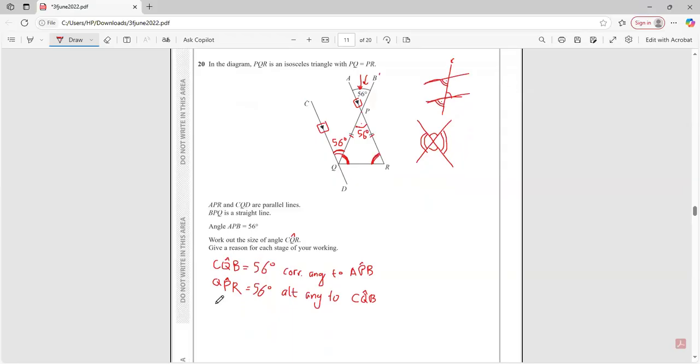How do I find them out? Remember that sum of angles in a triangle is equal to 180. Therefore, angle PQR, that's one of those angles, will be equal to 180 minus 56, divided by 2.